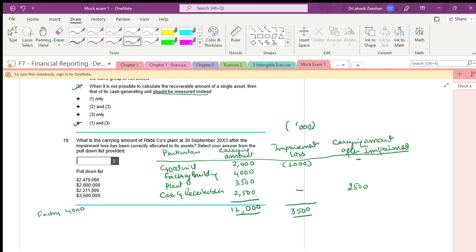Out of these 3500, 2000 is gone. Out of this 3000, 2500 is gone.